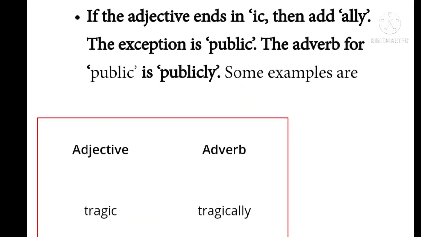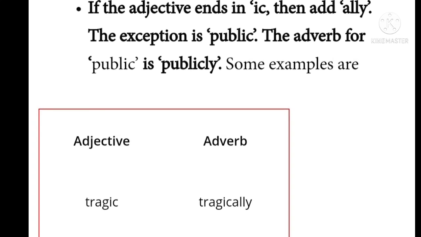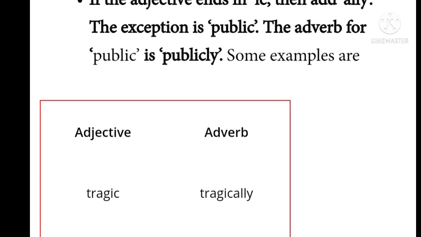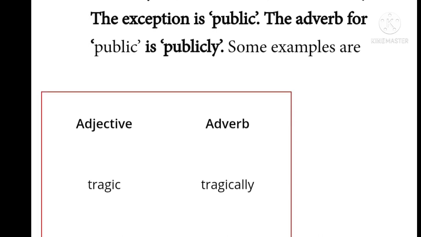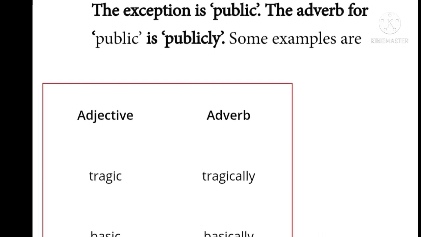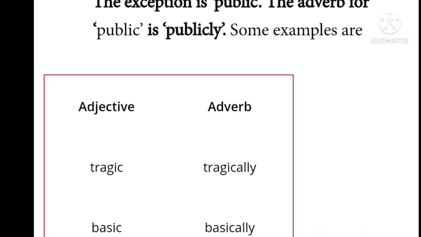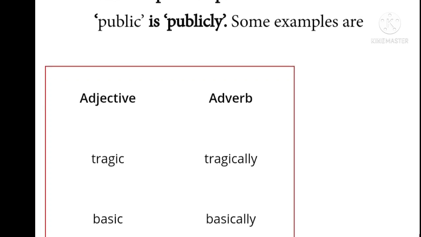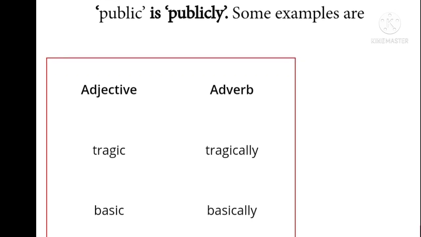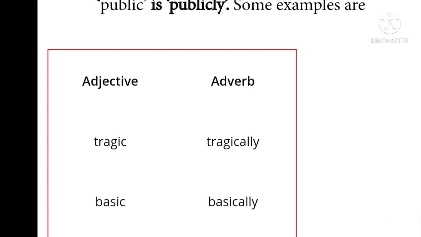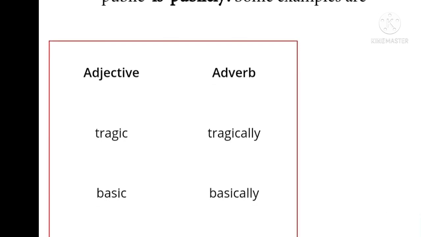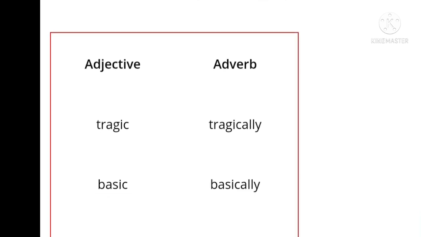Another rule is, if the adjective ends in ic, then you have to add a-double-l-y. The exception case is public. The adverb for the word public is publicly. Some more examples are tragic, T-R-A-G-I-C. What do you have to do? You have to add a-double-l-y, that is tragically.